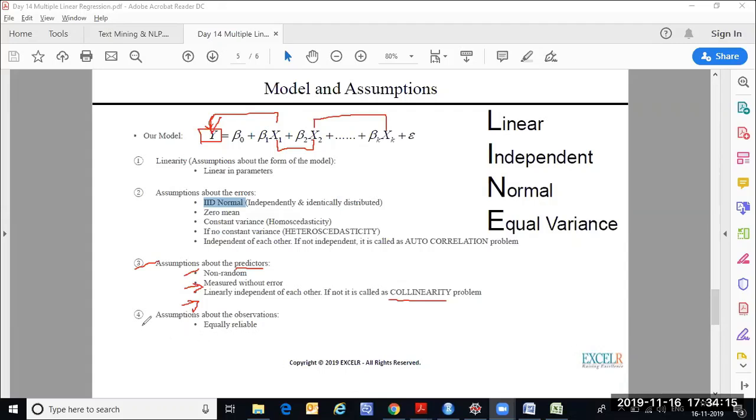Now the last but not the least assumption is about the observations. These observations are nothing but rows, the actual values that are given. They should be equally reliable. That means they should be captured without any error.